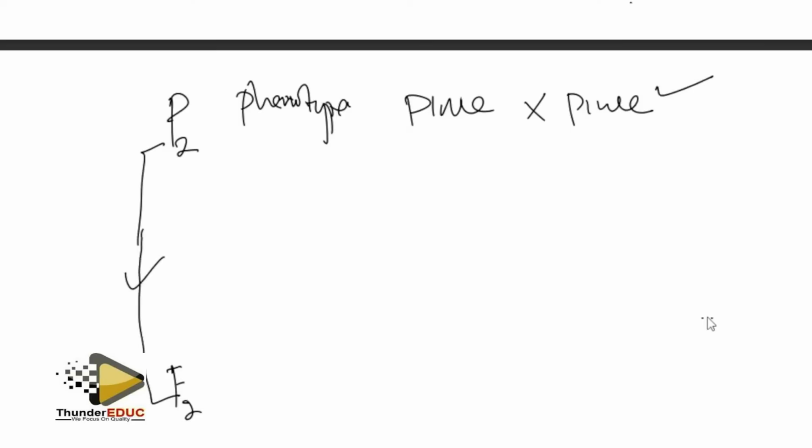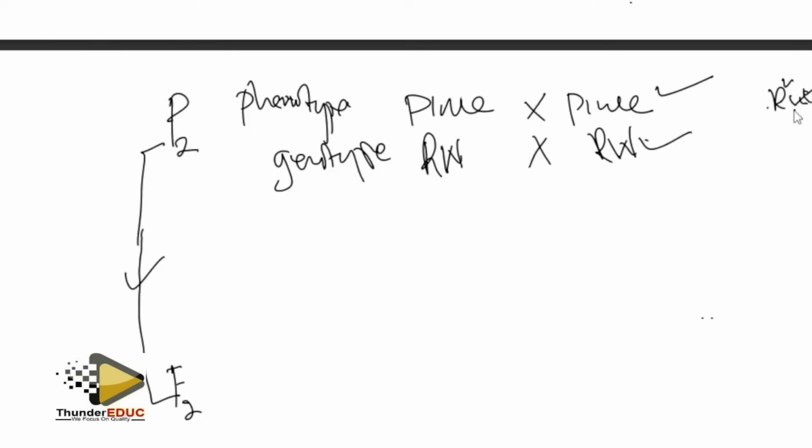So now 2 marks. Now, remember they say that white is capital W and red is capital R. Therefore pink is going to be capital R, capital W, or capital W, capital R, it's the same thing. So it's going to be capital R, capital W crossing with capital R, capital W, but this is the genotype. See, now you get another tick.